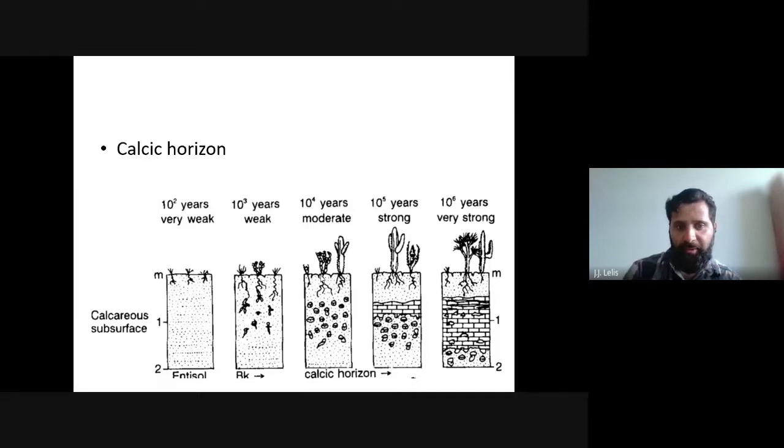So they start to precipitate in the voids, and they get larger and larger, like a nodule or a concretion in these cases.